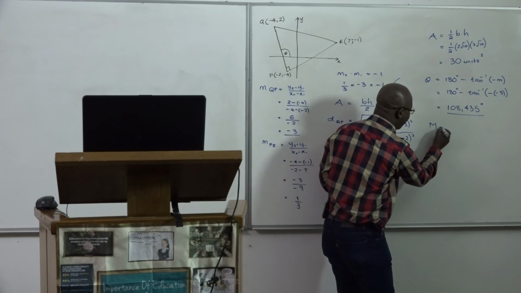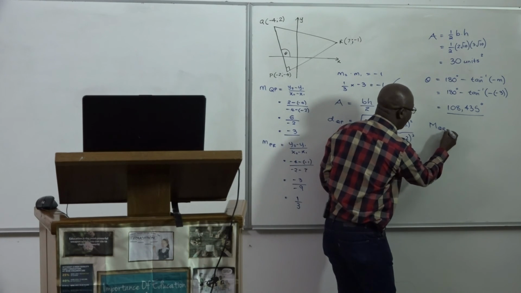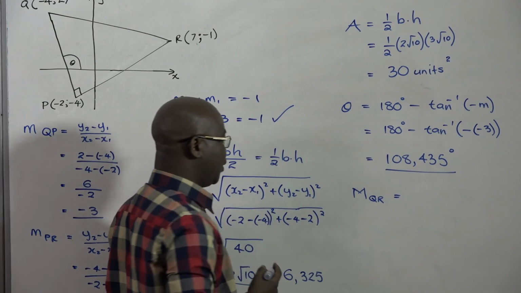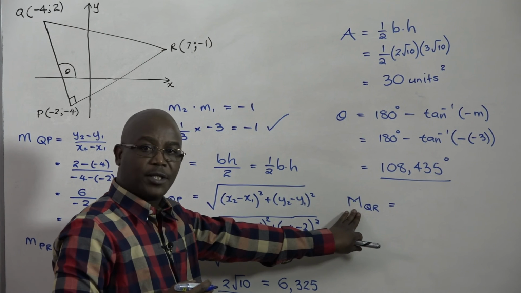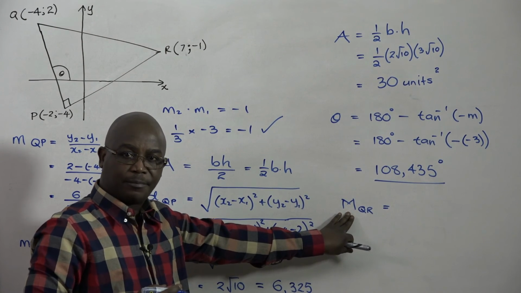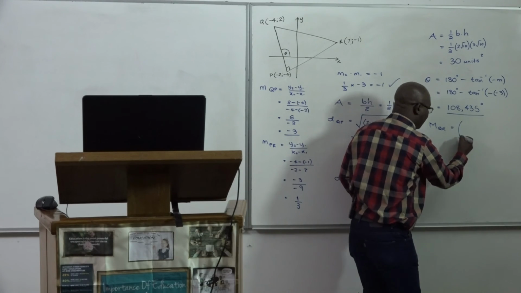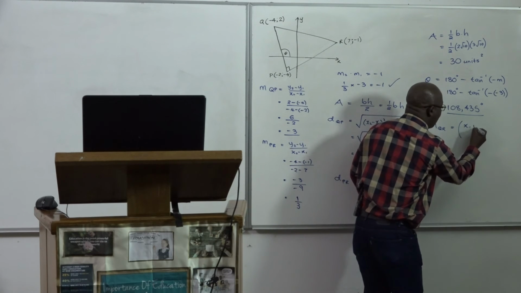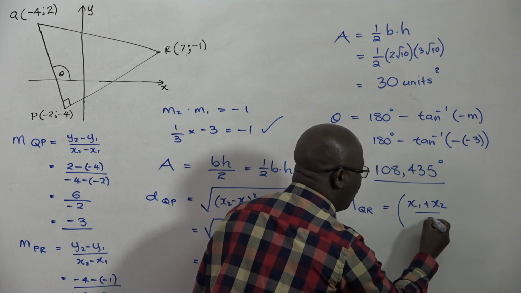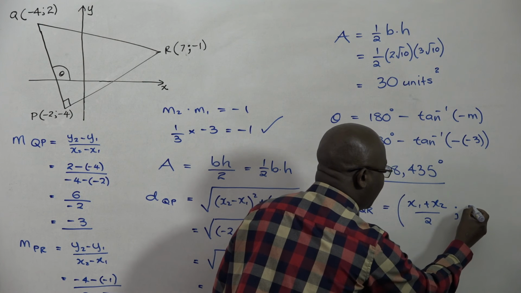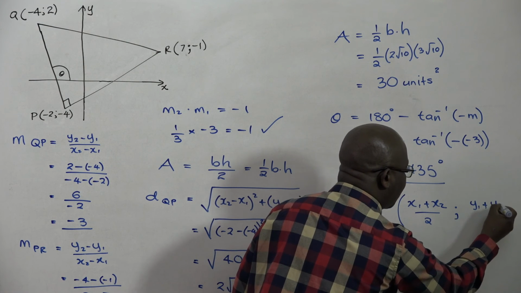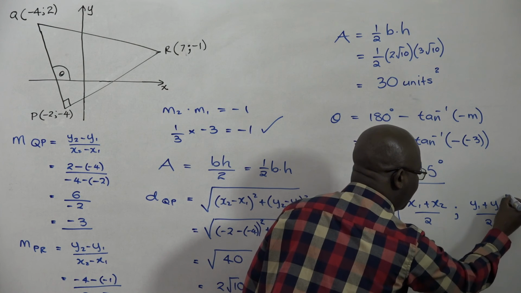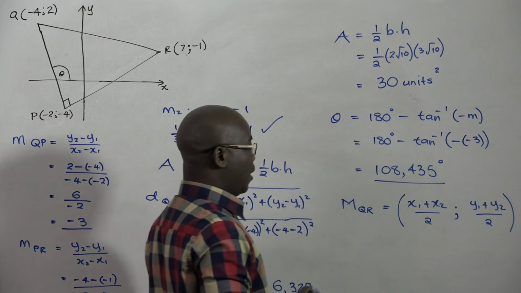Let me remind you that for the midpoint, we use capital letter M. Because it's a coordinate of the midpoint, it will be x1 plus x2 over 2, and then y1 plus y2 over 2, and we close that bracket.